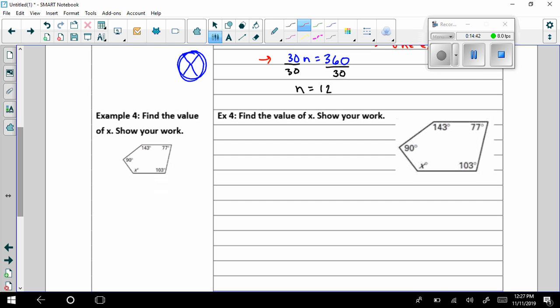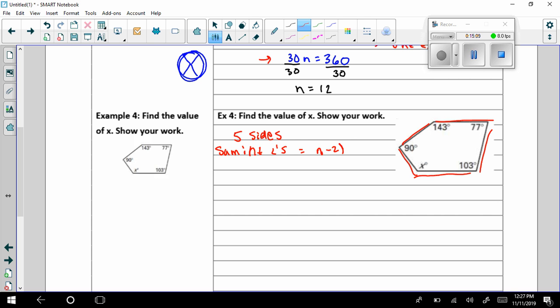All right, so find the value of x. This is where your algebra comes in, and knowing the shapes. Show your work. So this is a pentagon, so this has 5 sides. So the sum of the inside angles is equal to, actually let's back up.